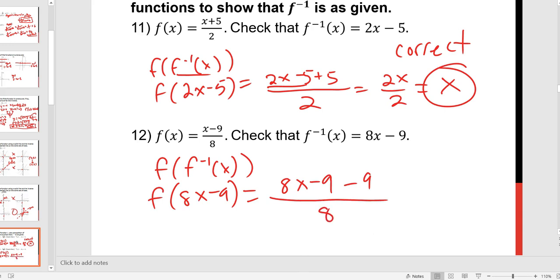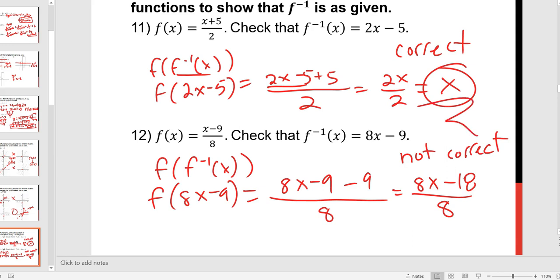The 9's do not cancel. So this is not correct. This is not the inverse function. If it was correct, the inverse function should give us just an x. Second one does not. So therefore it is not the inverse function.